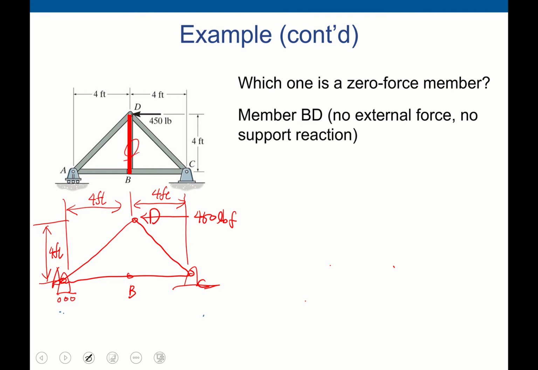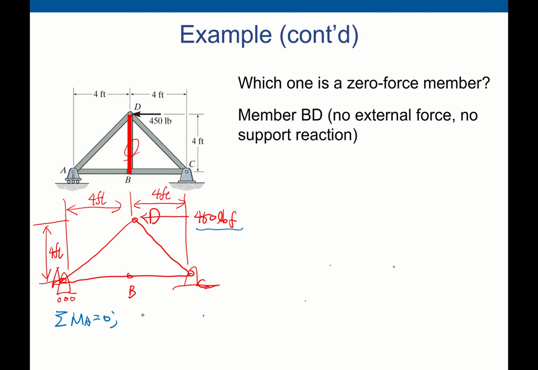We can calculate that the sigma moment at point A should be equal to 0, right? Because this truss is in equilibrium, this equation must be satisfied. However, if you look at that 450 pound force, is this force creating a clockwise or counterclockwise rotation? This is a counterclockwise rotation.